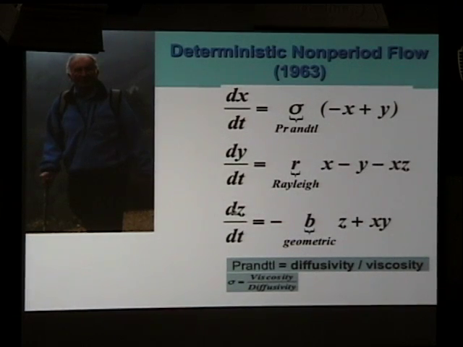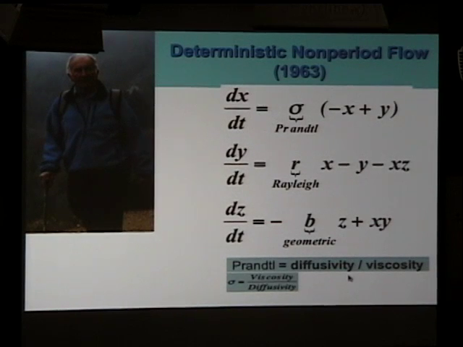The first chaos was a fluid heated from below, and the Rayleigh number tells you the strength of the heating. The b is a parameter. The crucial parameter is the Prandtl number here, the ratio between viscosity and diffusivity.